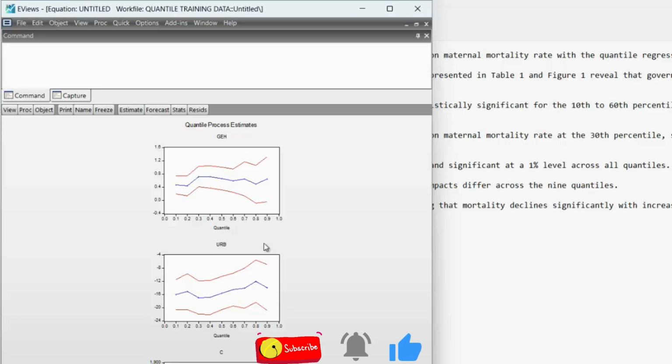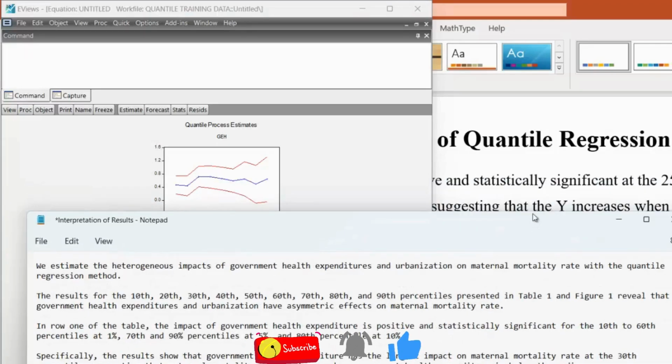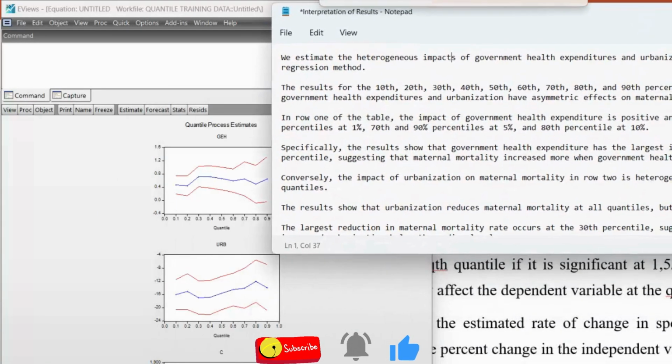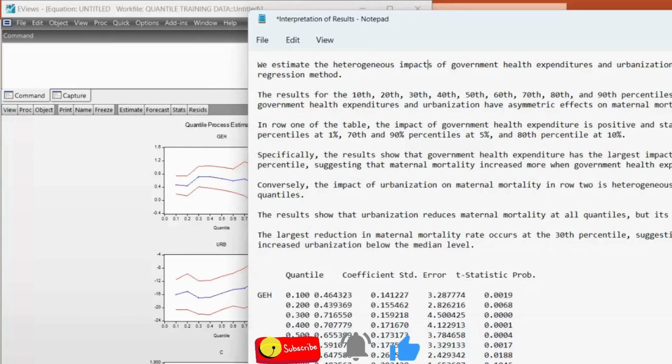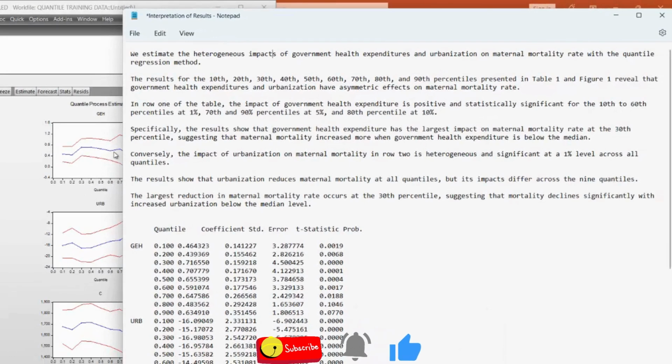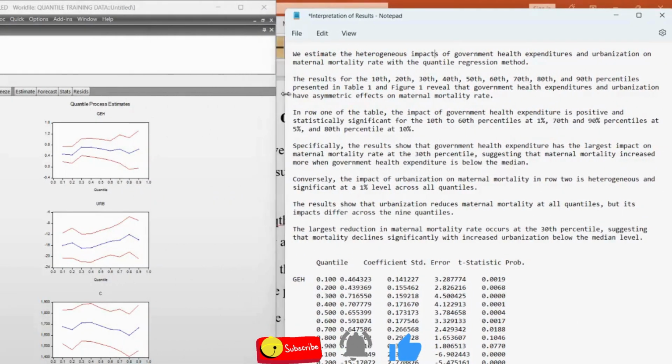Okay, so this is the graphical presentation of the results. So what you just need to do is to present the graph as figure 1, then the results in the table as table 1.